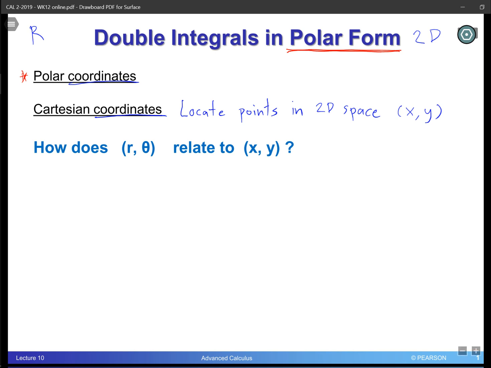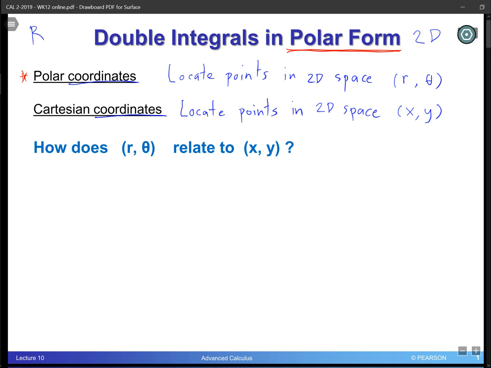For polar coordinates, same purpose, which is to locate points in space, here 2D space. But it's going to use different variables. Instead of having x and y as the coordinates, it has radius and theta.